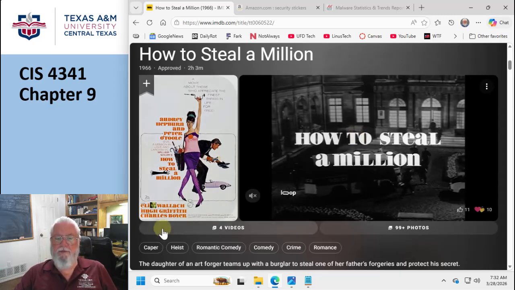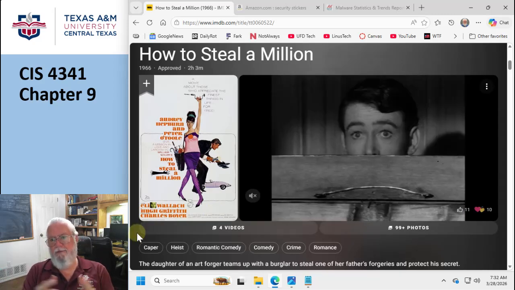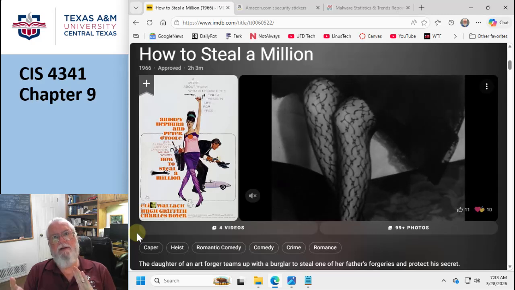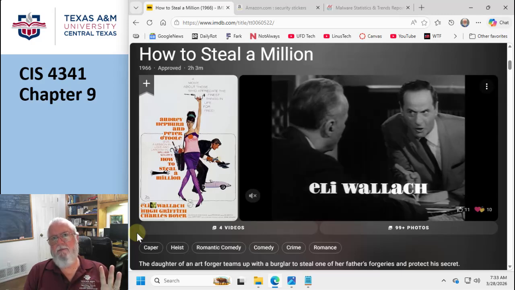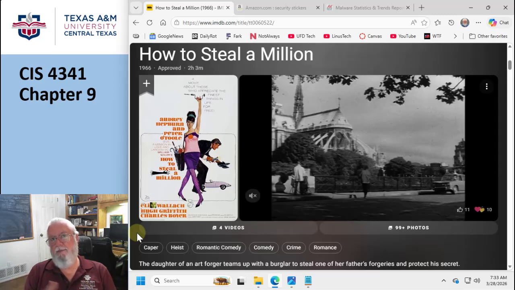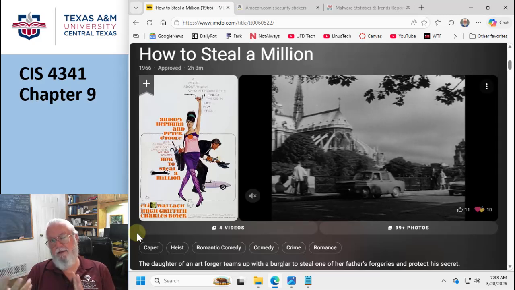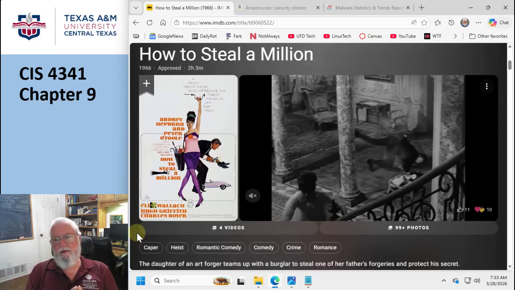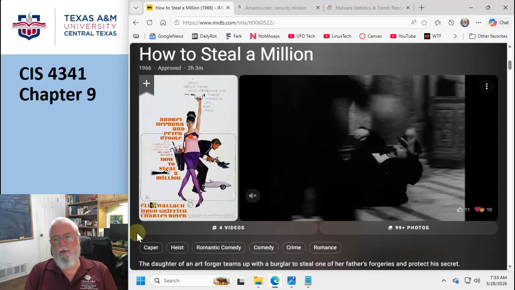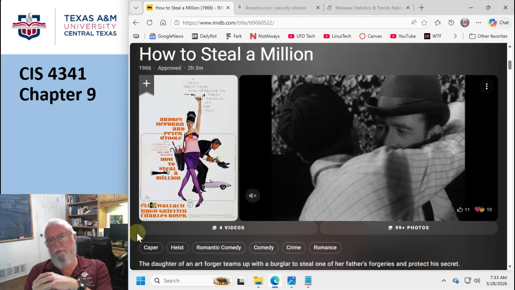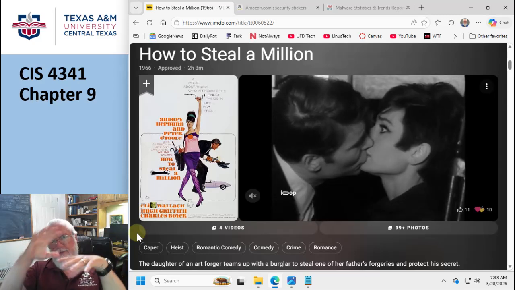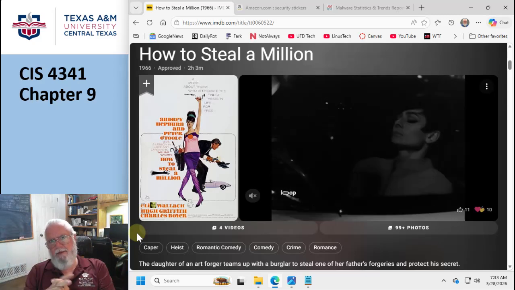Basically the story behind it that makes it interesting and relevant is they're trying to break into this museum that has a state-of-the-art system, and there's no way they can overcome it. So what they do is they hide inside the museum, in a little broom closet, and then set off the alarm, and they go hide. The alarms go off, and the police come, and they can't find anything.